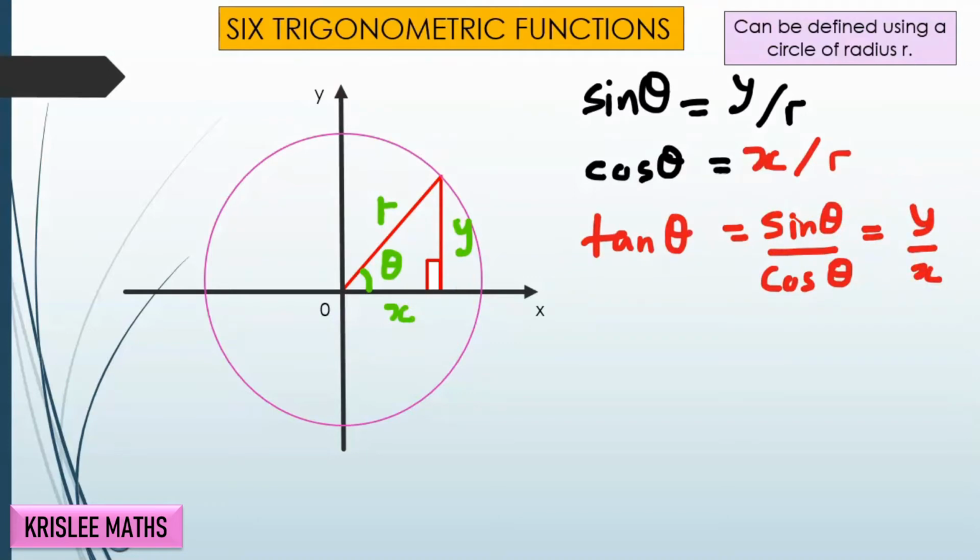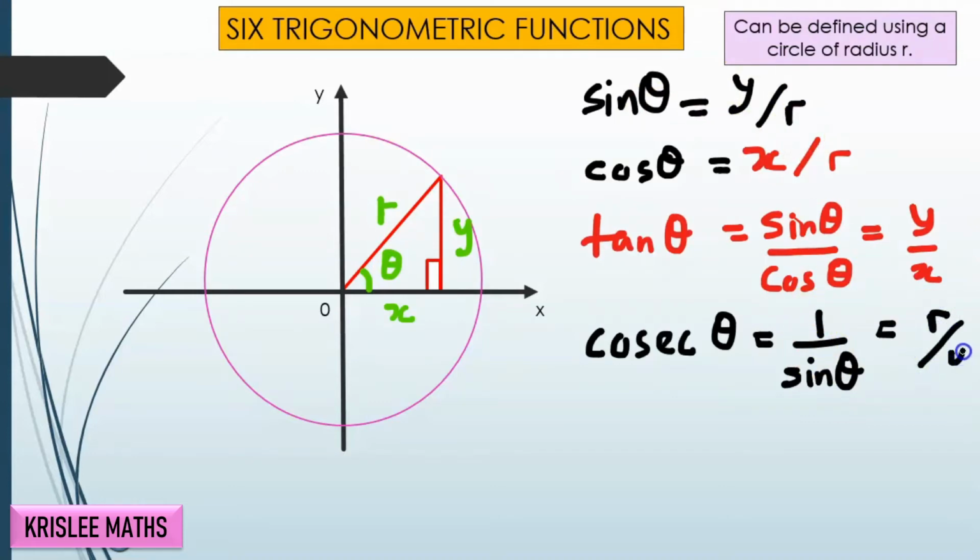Next we have 3 more. We can obtain these 3 by getting the reciprocal of sine, cos and tangent. For example, if we want to find cosecant theta, cosecant is the reciprocal of sine theta. If sine is y over r, therefore the reciprocal will be r over y.